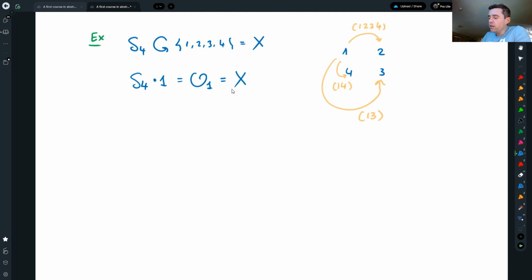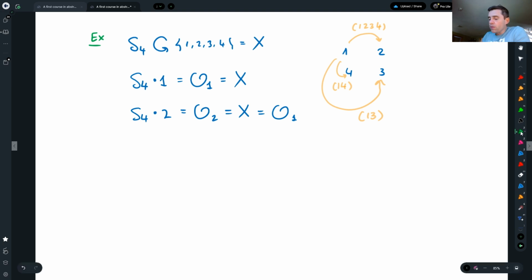Okay, similarly, I can get from 2 anywhere. So the orbit of 2 is also X, and it's the orbit of 1. So in this case, there's only one orbit. Okay. How about we restrict that and write a different subgroup.